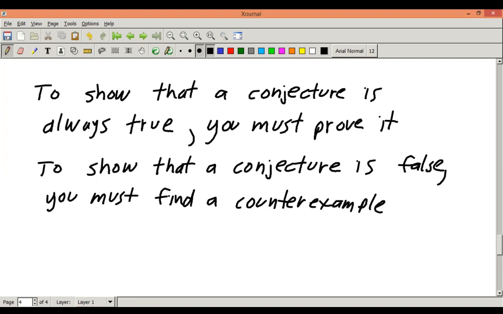You only need one. If you can find one situation, one case where the conjecture is not true, you can stop. You've proved it false. You don't need to use more than one. Just one will do it. Okay?